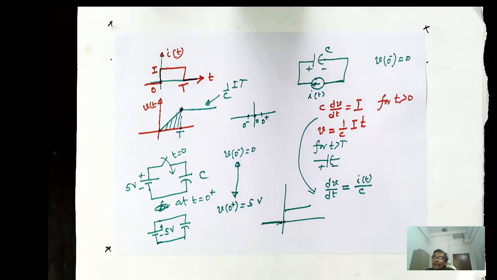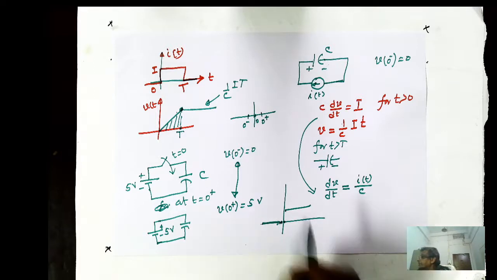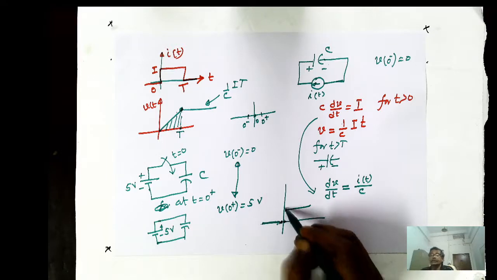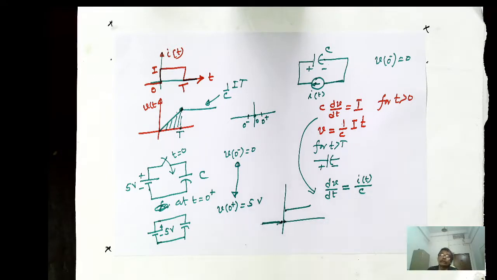In a very small interval of time, this voltage has changed. So who can do that? How can this happen? There was no charge on the plates of the capacitor at 0 minus. At 0 plus, there is a finite amount of charge, and it has not taken practically any time. But voltage across the capacitor means charge has been accumulated.